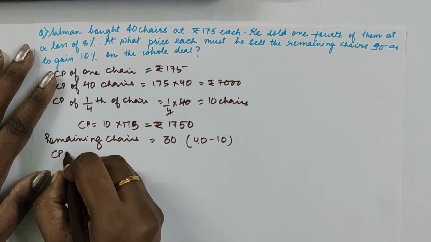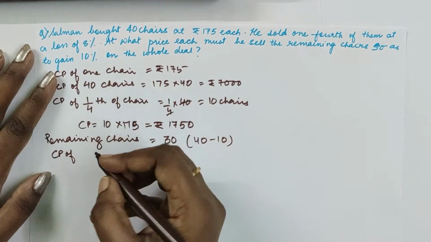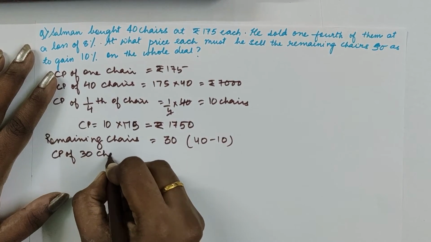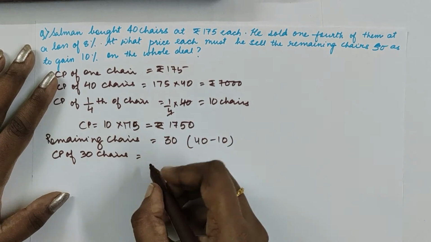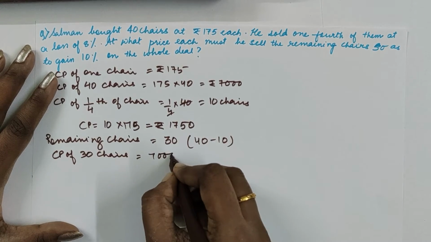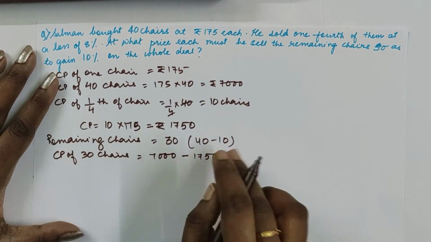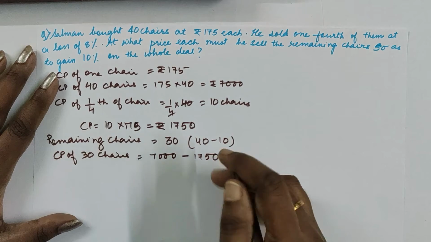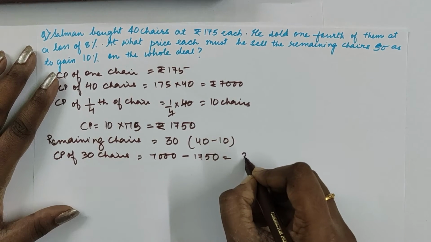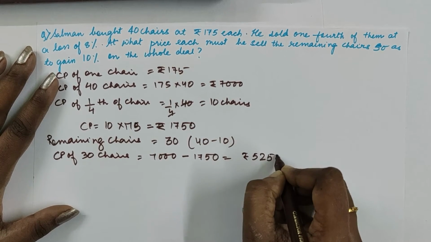So what is the CP of the next 30 chairs? According to what we know, he has already sold 10 at a loss. So 7,000 was the cost he had paid, and out of that, with loss, he has sold the 10 chairs at 1750, and the total remaining cost is 5,250.